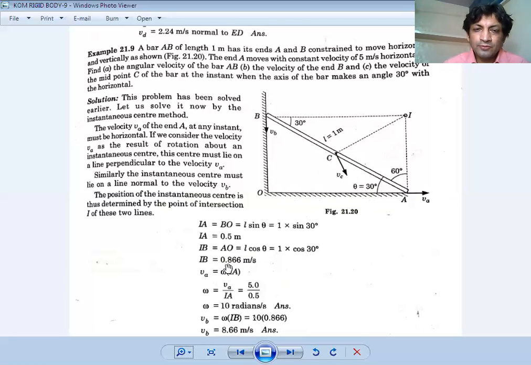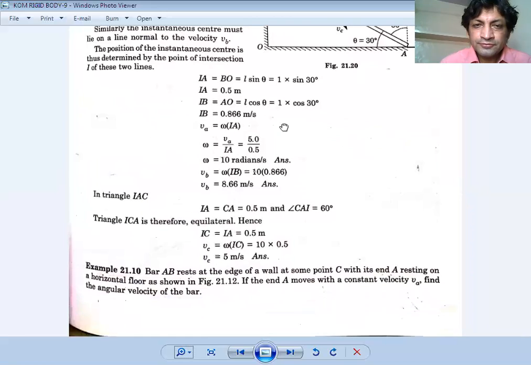So IB is equal to 0.866 meter. Now with the values of IA and VA, which is already given to us, we will find the value of omega. Omega means the angular velocity of the bar. So that is 10 radian per second.